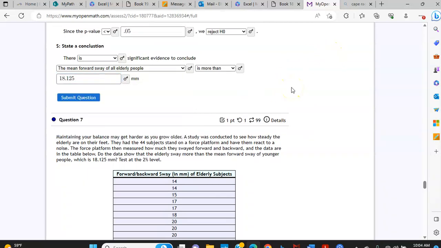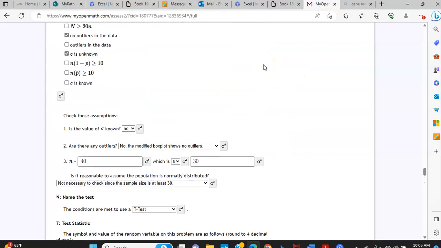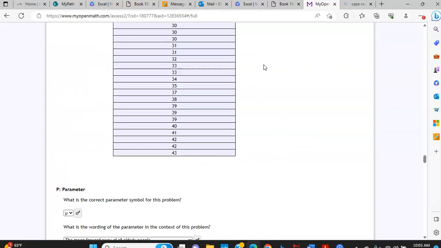All right, so there's significant evidence to say that the alternate is true since we have rejected the null. And there it is. And hopefully that will help you through these long questions.